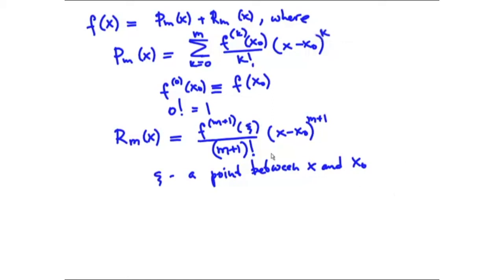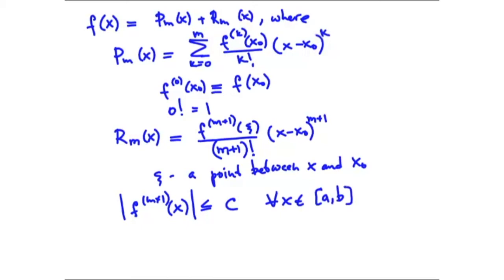If I know that the absolute value of the m plus first derivative of f at x is less than or equal to some constant for any x in some interval ab, where the point x that I'm considering here belongs to this interval and x0 also belongs to this interval, then I can say that this error term Rm of x is actually bounded by this constant times x minus x0.